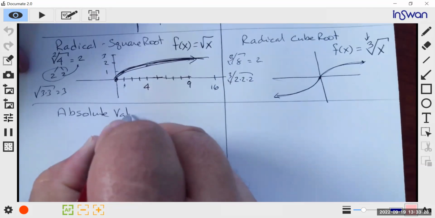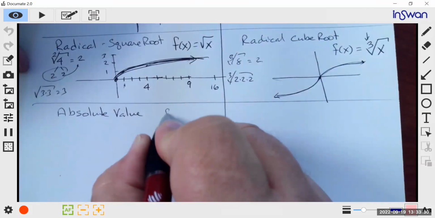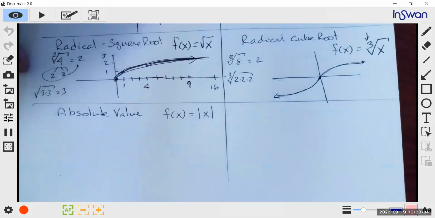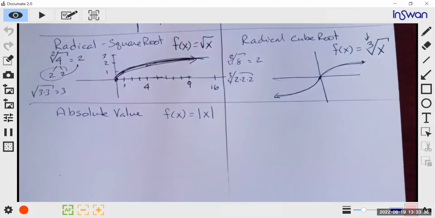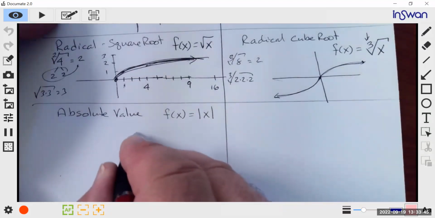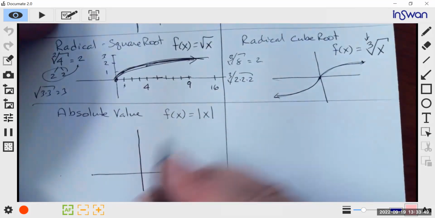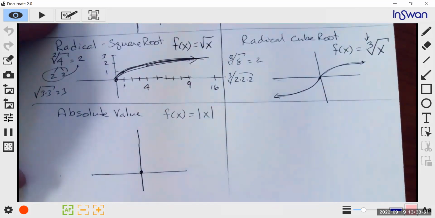Absolute value. We talked about these last time as well. What does absolute value tell us? What does it make the answer? Always positive, right? Absolute value of 0 is 0.